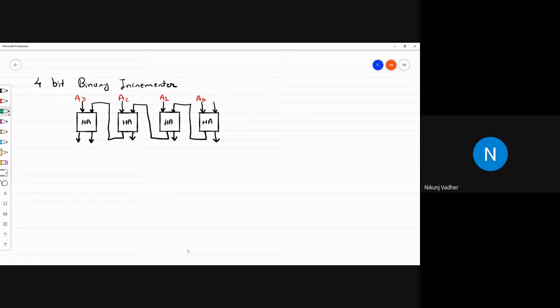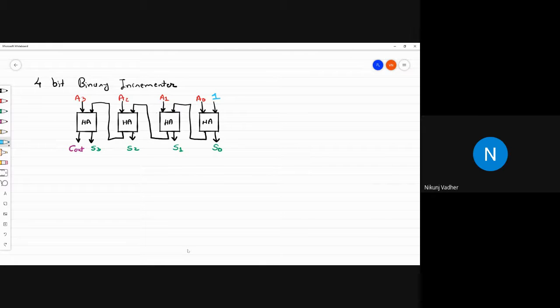Let's put labels on the outputs. So this is S0, S1, S2, S3. This is C out and this is 1.